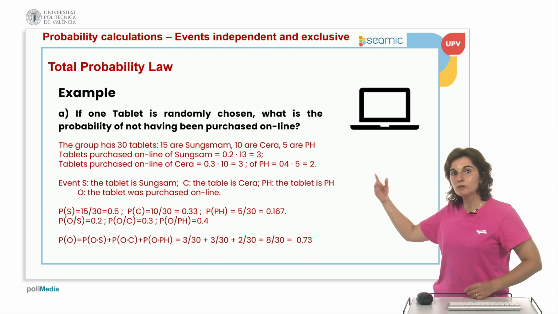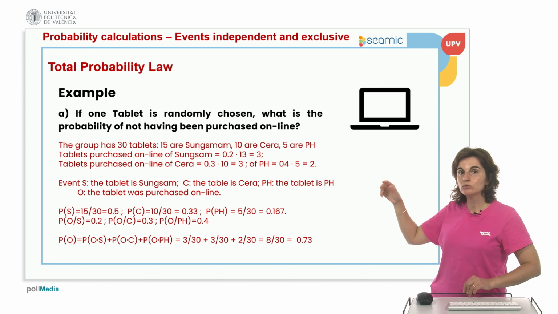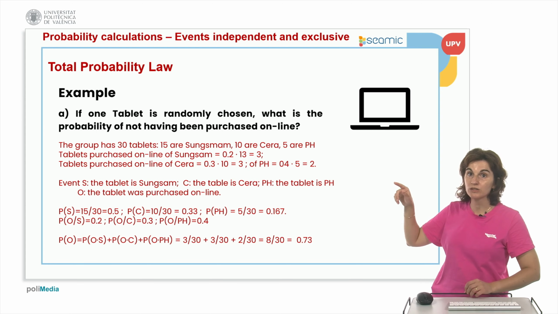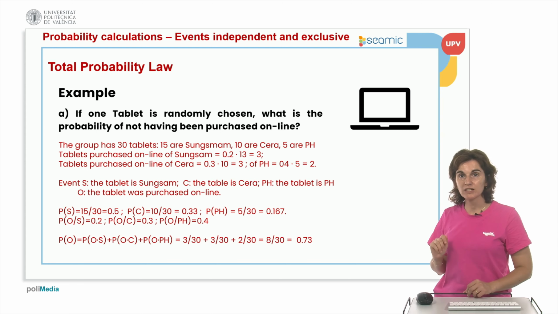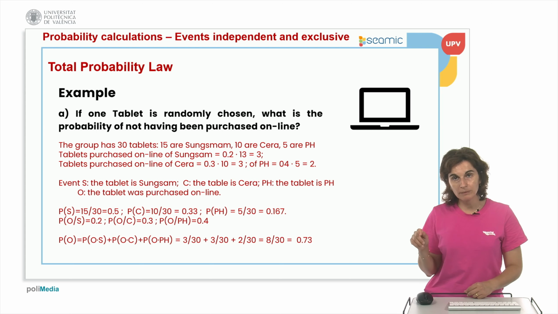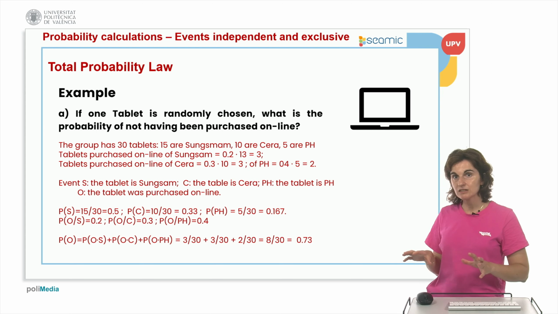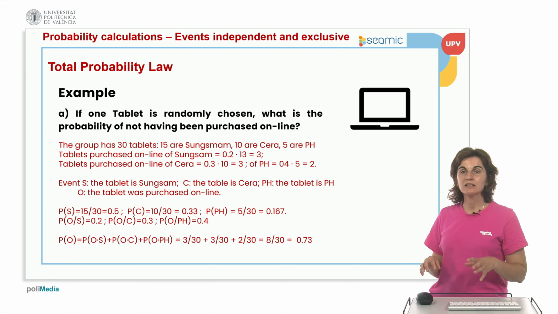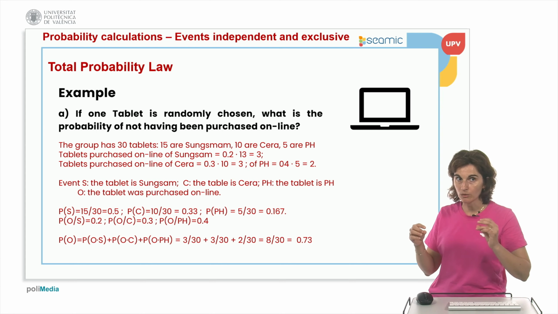So choose the letters you prefer, but you need to stick to the letter you choose for each event. If not, it's very easy to make mistakes in the application of the formula. And also, you need to prepare a good answer, well prepared with accuracy, telling me which is going to be the notation you are going to follow.